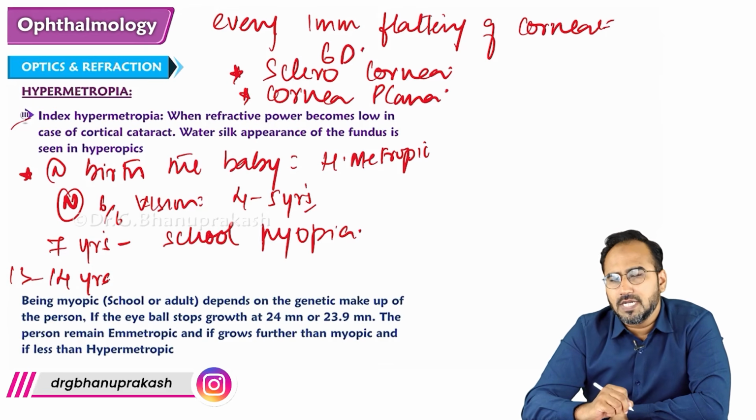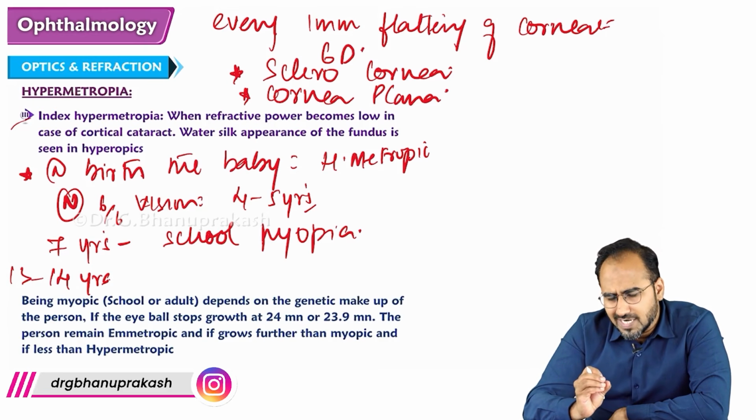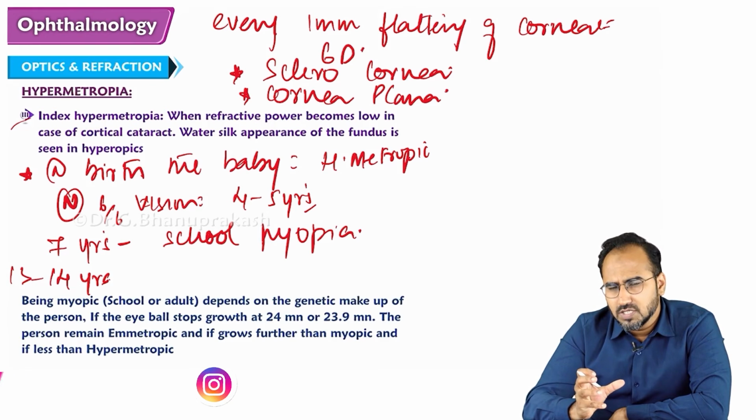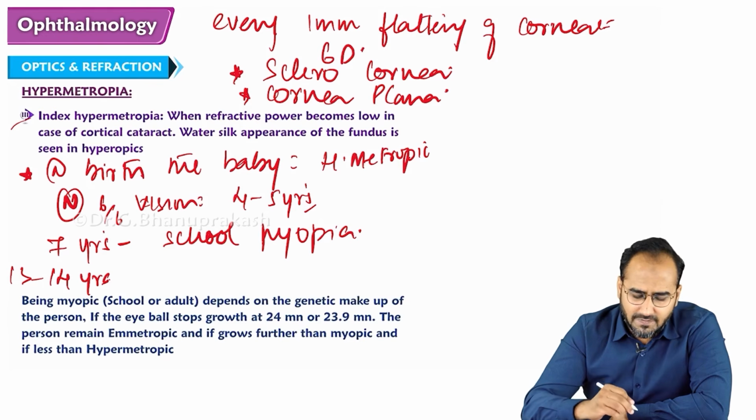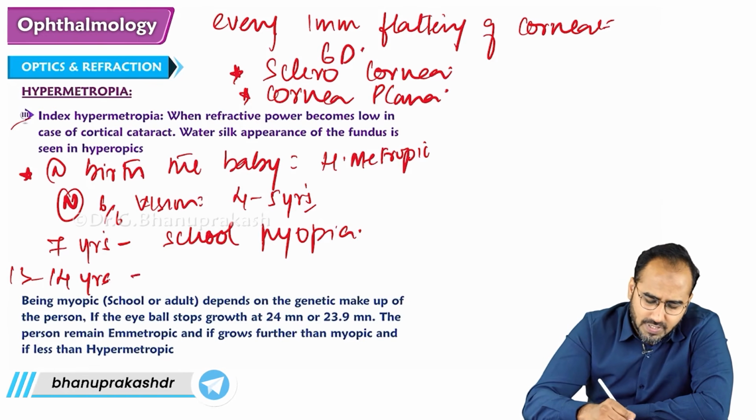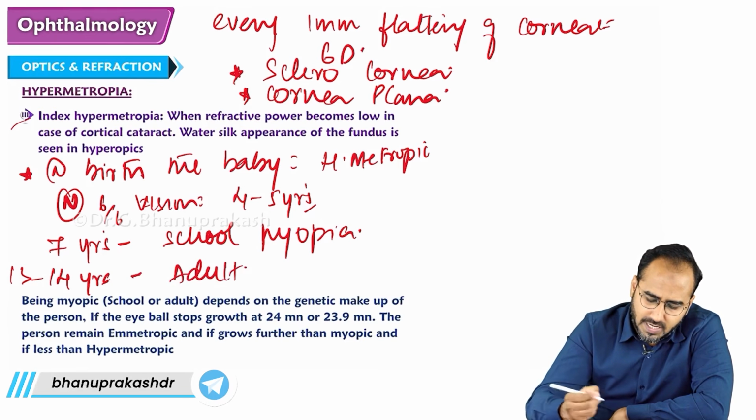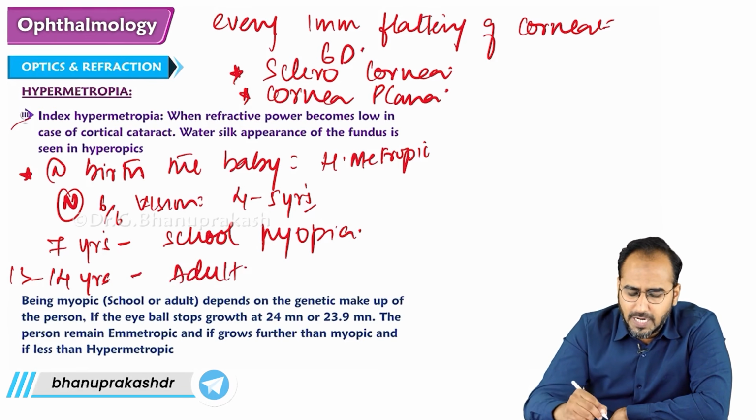Some children develop myopia during 13 to 14 years, as during the adolescent phase their eyeball suddenly grows much. So they develop myopia at this age. Developing myopia at 13 to 14 years of age is called adult myopia.